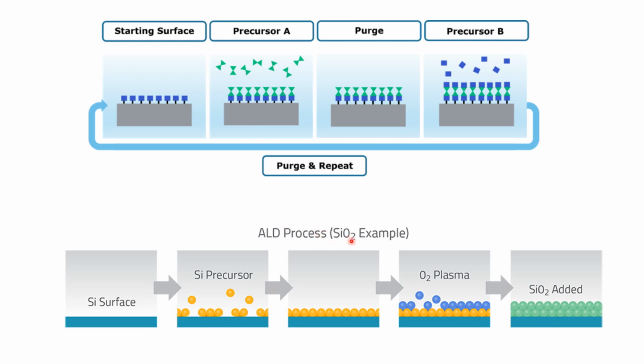Suppose for silicon oxide deposition, we need this substrate, the silicon surface is here, and a silicon precursor is used in gas form, and it is deposited here, and again some gas like oxygen is introduced, and now we have SiO2. These are layer by layer depositions. So this process is known as atomic layer deposition, and it is very useful in the semiconductor industry.